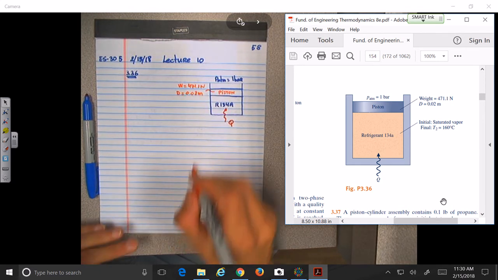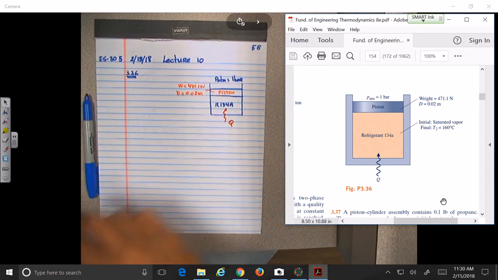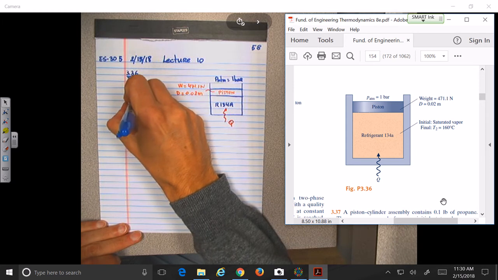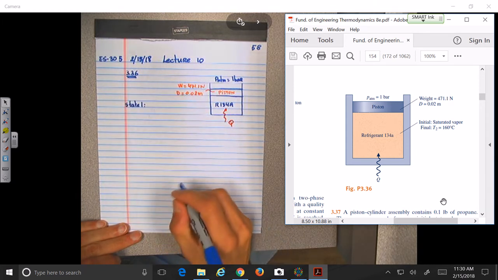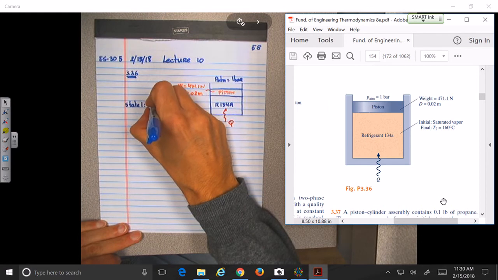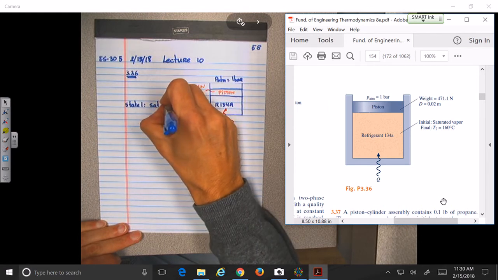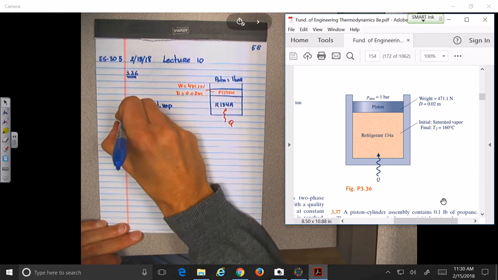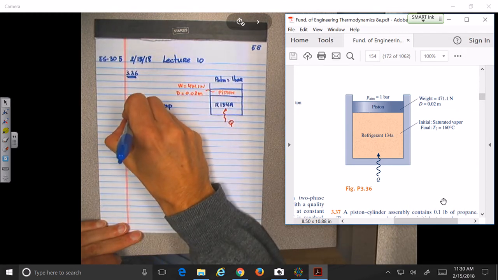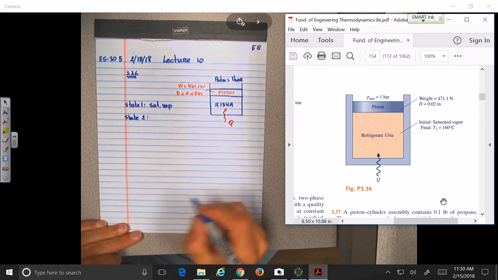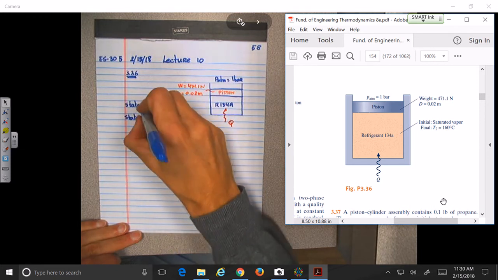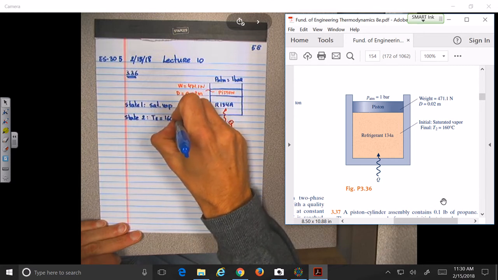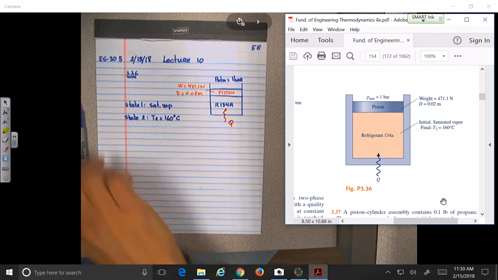They tell you that initially, state 1, is saturated vapor. And what do we know about state 2? The temperature is 160 degrees Celsius.